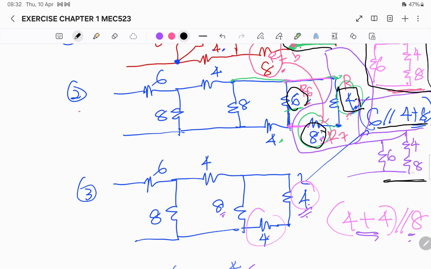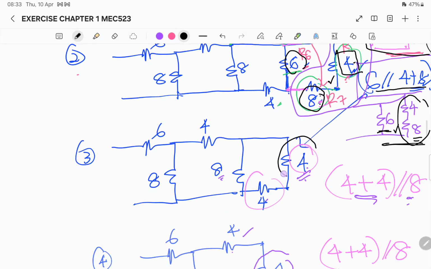So 4 and 8 are actually in series. You can draw it like this or like this. Series, parallel with the 6, another resistor of the same value. So you get this 4. After getting 4, redraw and it becomes visible.